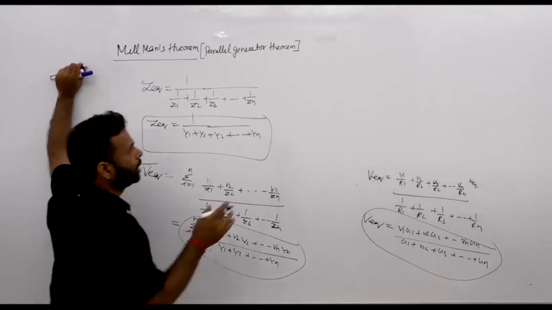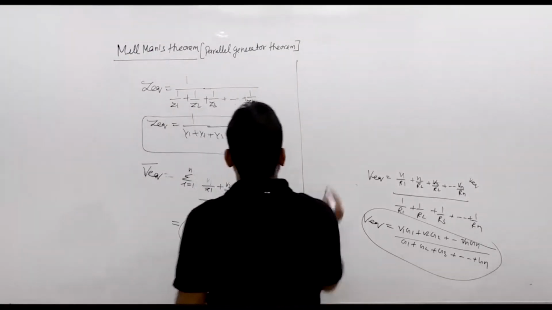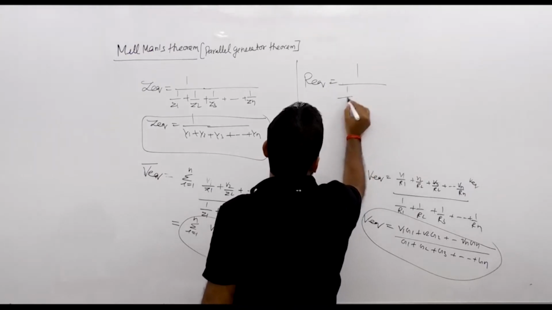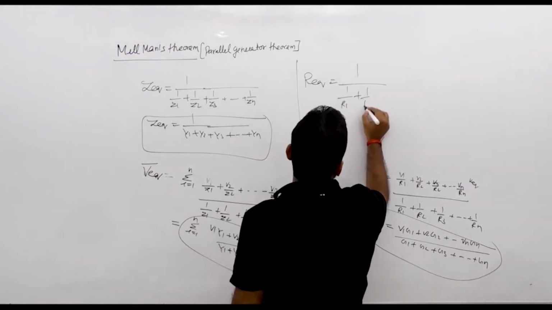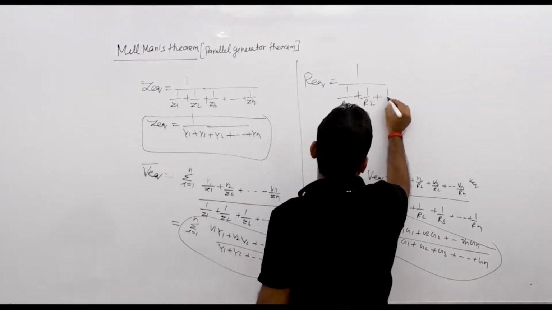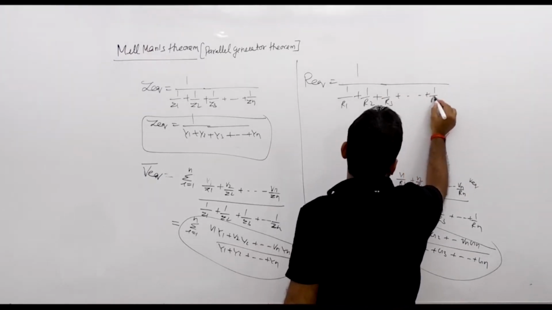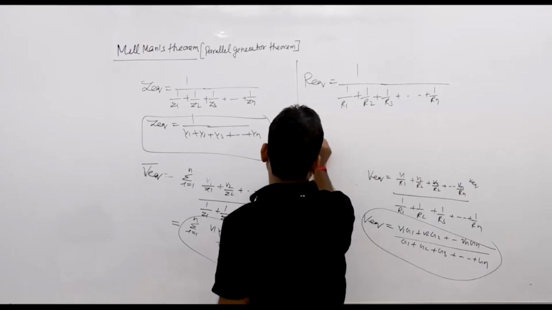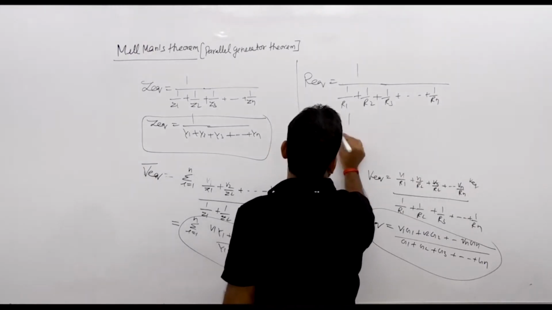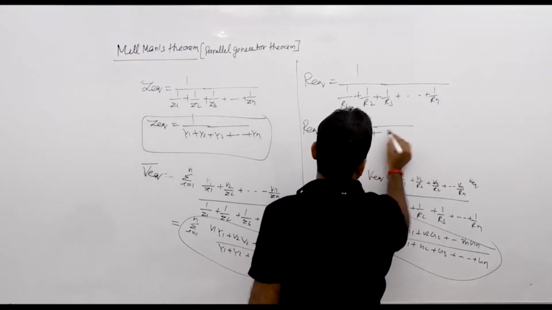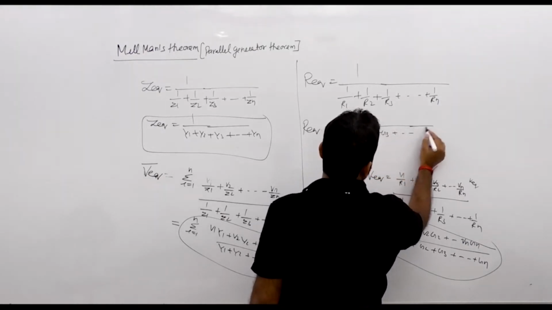Now similarly you will have the formula for the R equivalent. So R equivalent is what? 1 upon R1 plus 1 upon R2 plus 1 upon R3, similarly we will have 1 upon Rn. Now you can have the inverse of that. So 1 upon G1 plus G2 plus G3 plus Gn.